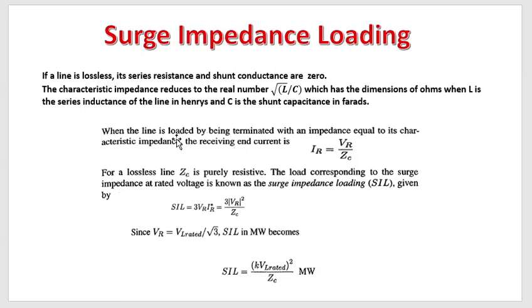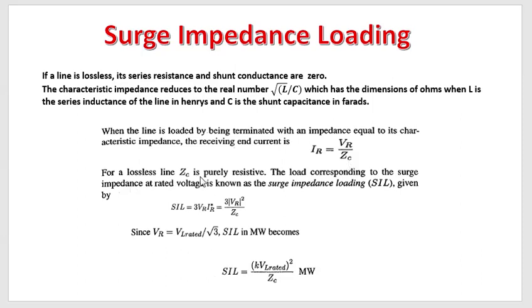And when the line is loaded by being terminated with an impedance which is equal to its characteristic impedance, the receiving end current will be IR is equal to VR over ZC, where ZC is the characteristic impedance, which is a real number.